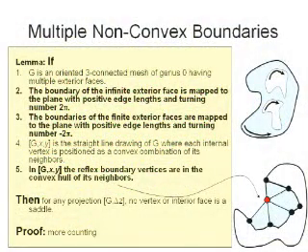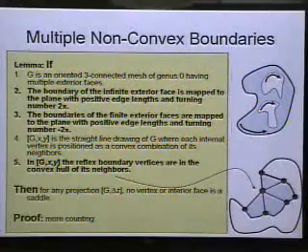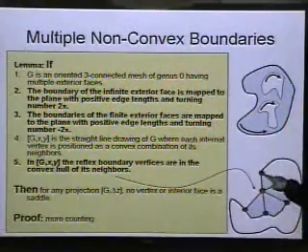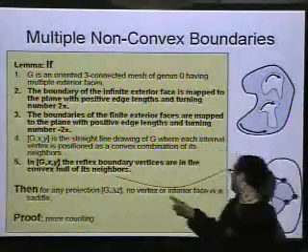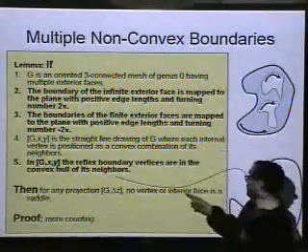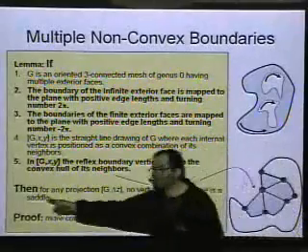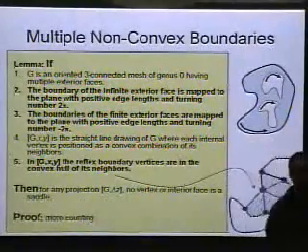Then, if we look at our Tutte drawing, if every reflex vertex is in the convex hull of its neighbors, then for any projection, no vertex or interior face will be a saddle. Okay.